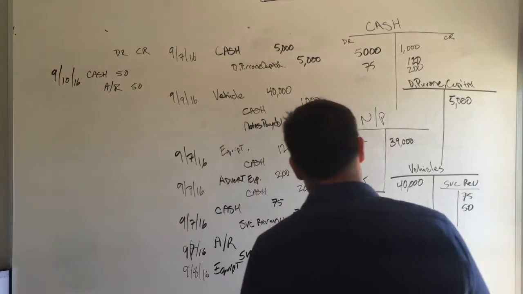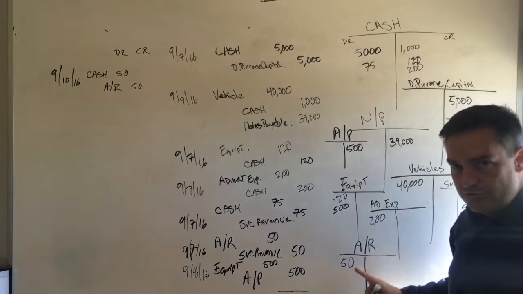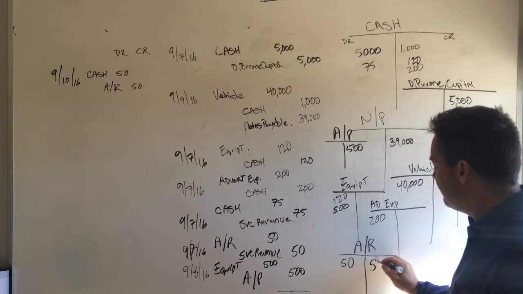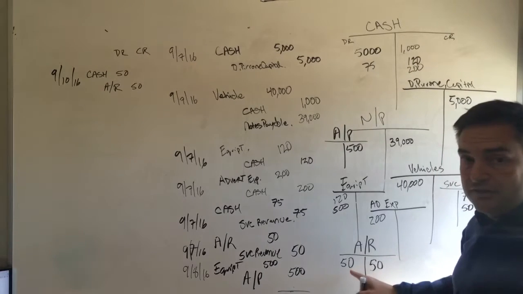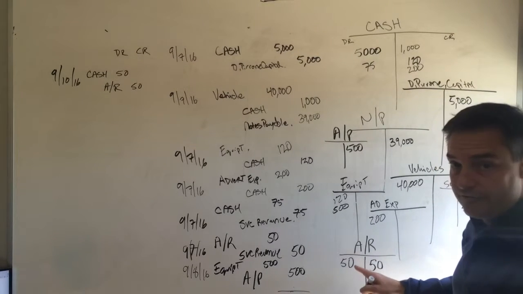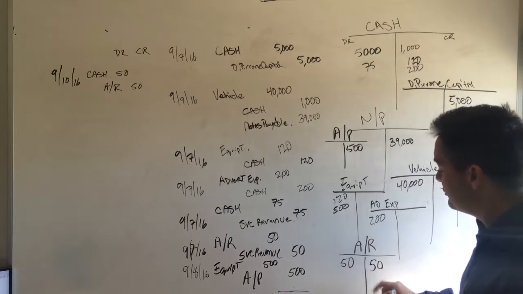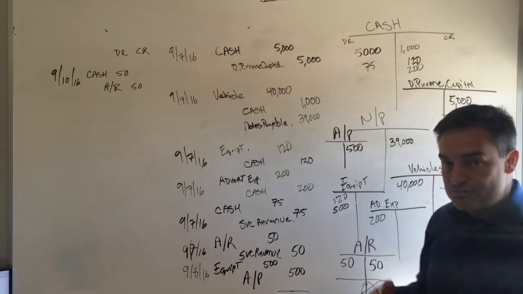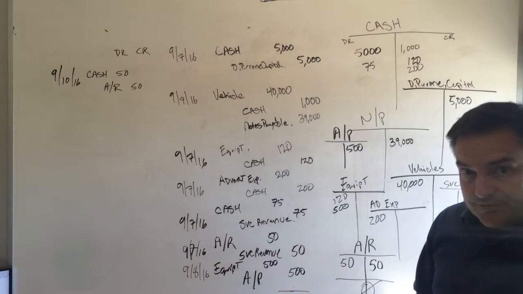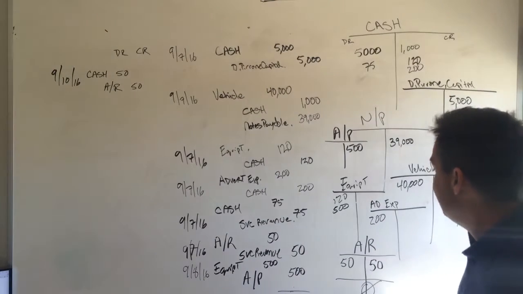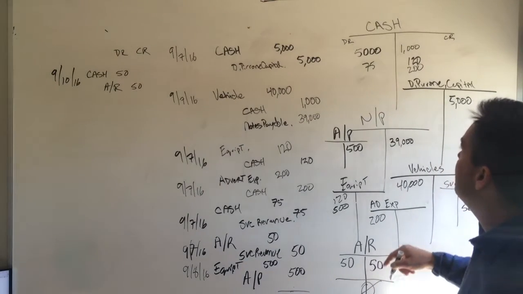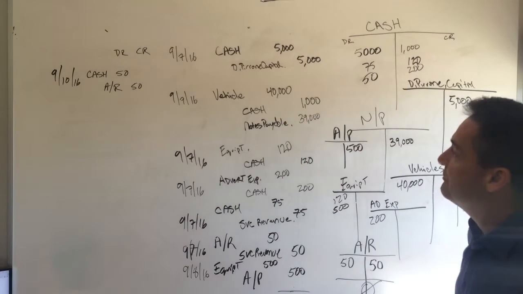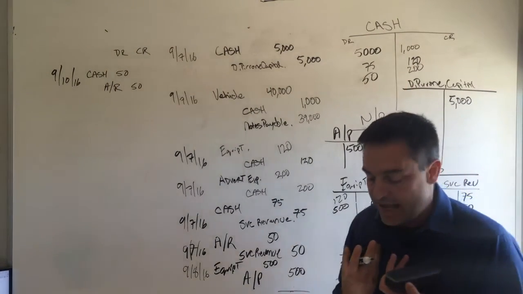So if you go back over here to our accounts receivable, remember this was for the $50. Now the person comes in, pays the $50. So we're crediting the accounts receivable. Obviously, if you have $50 worth of debits, $50 worth of credits, the balance in the accounts receivable account is zero, which makes sense. They don't owe us the money anymore because they paid us the money. So there's the $50 credit. The $50 debit is going to be in the cash account because we received $50 in cash.